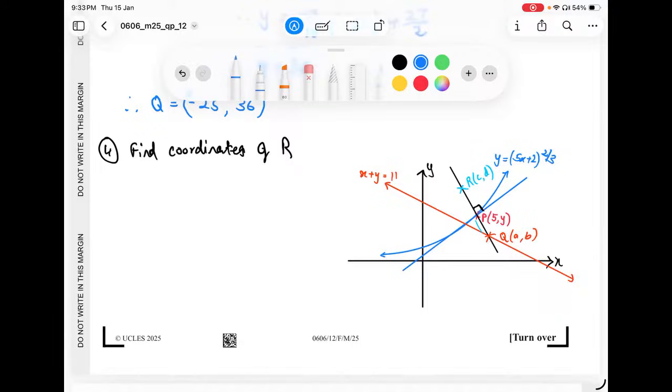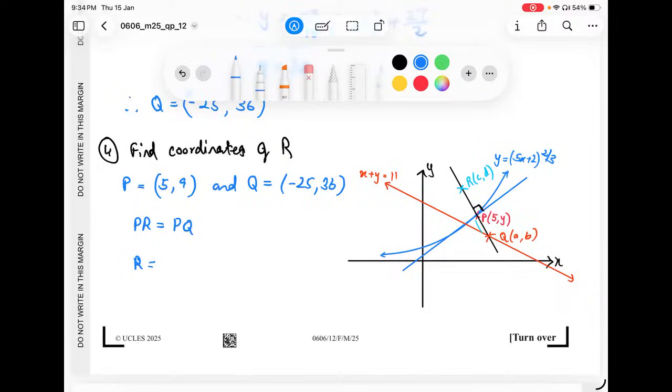So we have both P's coordinates and Q's coordinates, which are 5, 9 for P and negative 25, 36 for Q. So from here, for the reflection, you know that it's going to be the same distance from PQ. So the thing for reflection here is that PR is going to be equal to PQ. So you can just compare the coordinates and then find the coordinates of R.